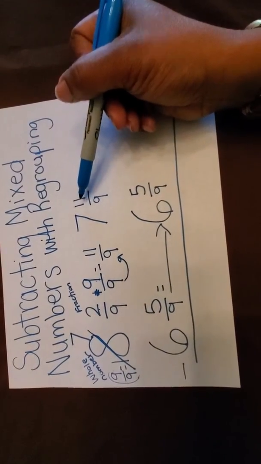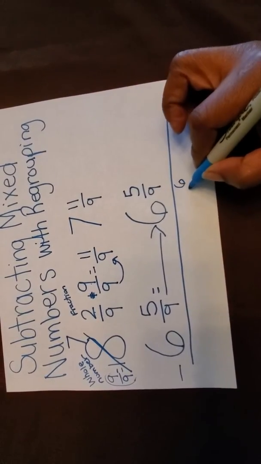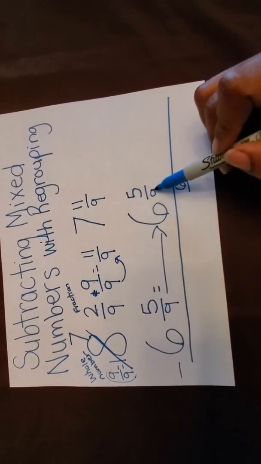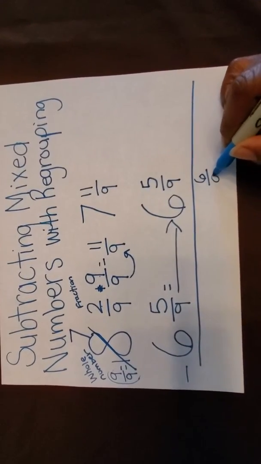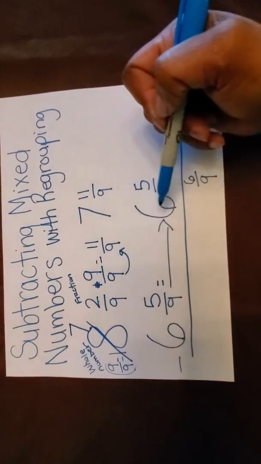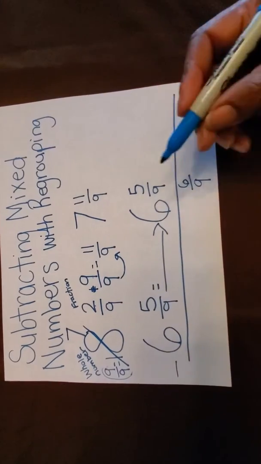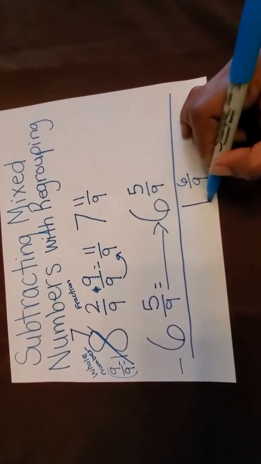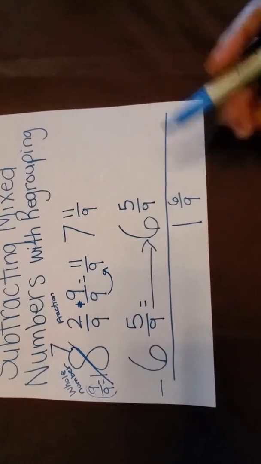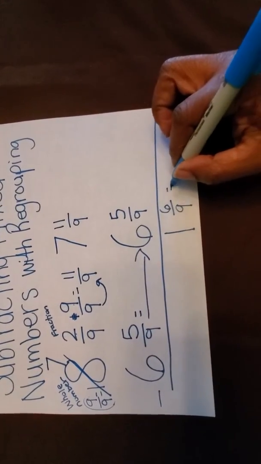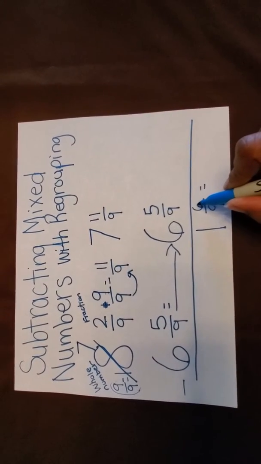If you have 11 and you take 5 away, how many are left? Yes, 6. You're going to keep the same denominator, like denominator is 9, and then you're going to subtract your whole numbers. If you have 7 and you take 6 away, how many are left? 1. So that gives you a mixed number of 1 and 6 ninths, which can also be simplified.